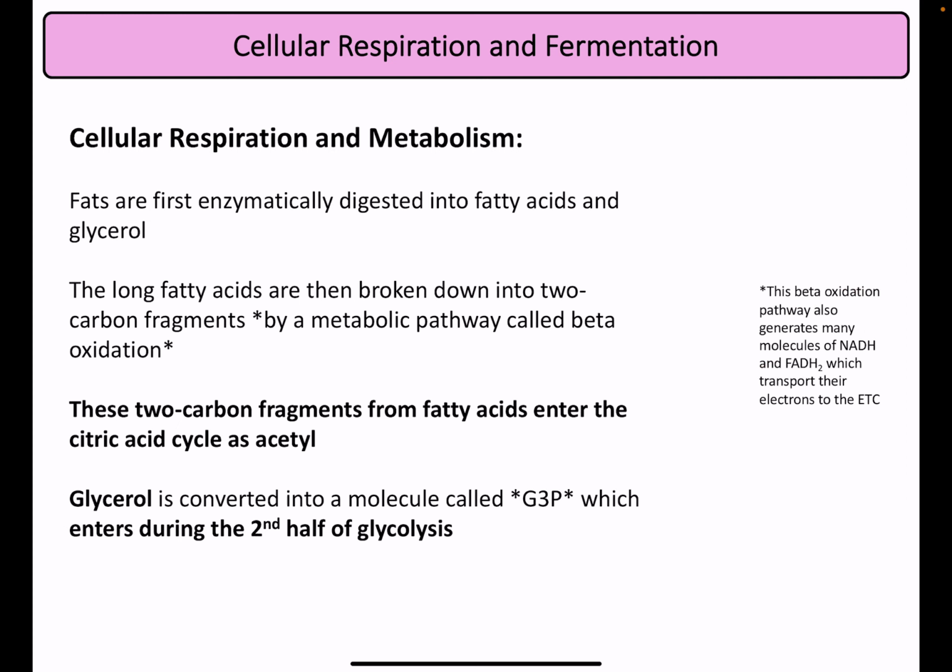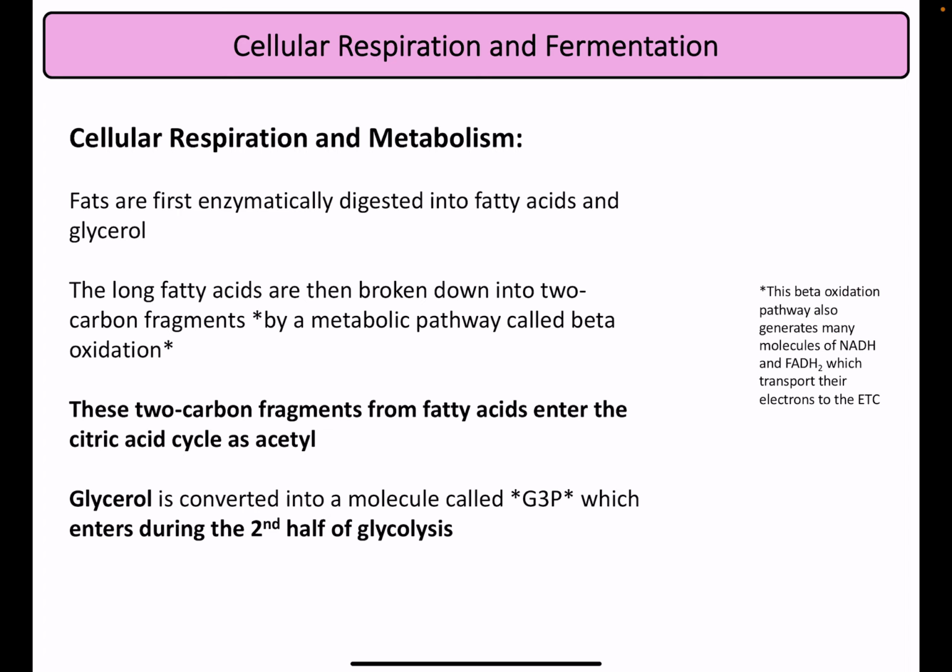So the first step in breaking down a fat occurs in your digestive system. You have enzymes that use hydrolysis that basically chop off the 3 fatty acid tails from glycerol, so that you have 2 smaller components. You have fatty acid tails and glycerol.